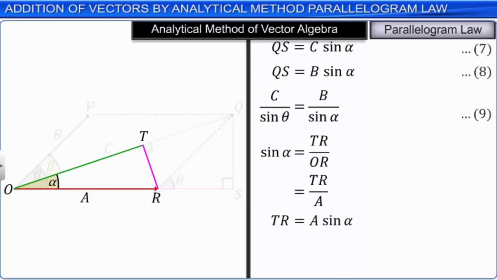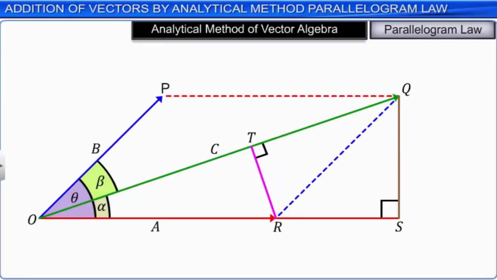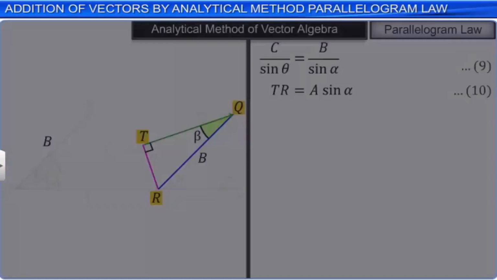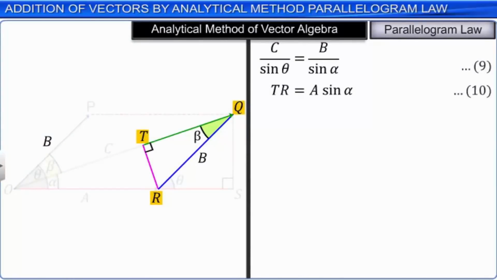Consider the next triangle QRT. From triangle QRT, we can write sine beta is equal to TR by QR, which is equal to TR by B. TR is equal to B sine beta.